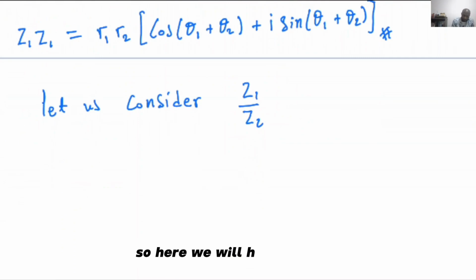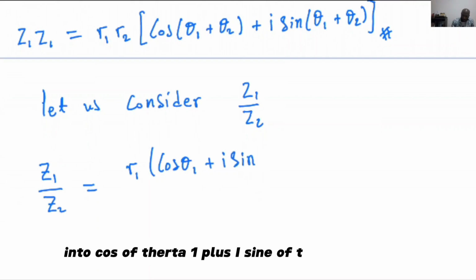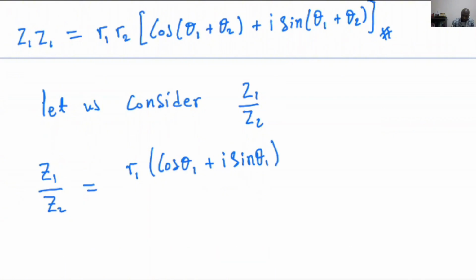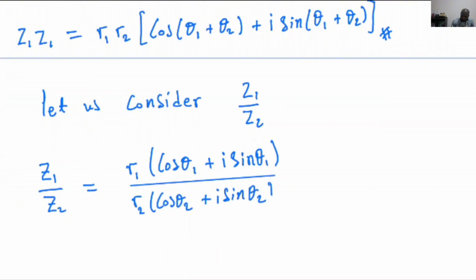So here we will have z1 over z2 equals r1 into cos of theta 1 plus i sine of theta 1, all of this over r2 into cos of theta 2 plus i sine of theta 2.